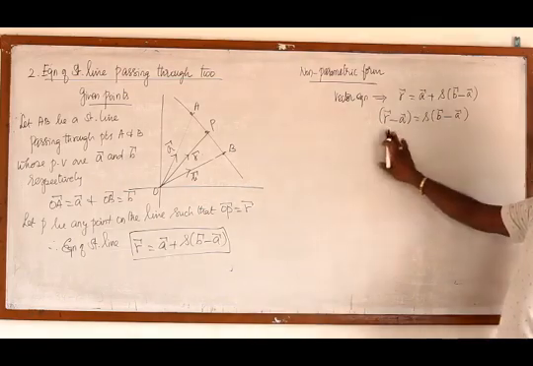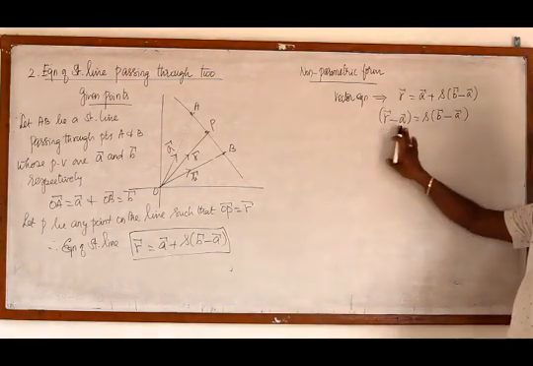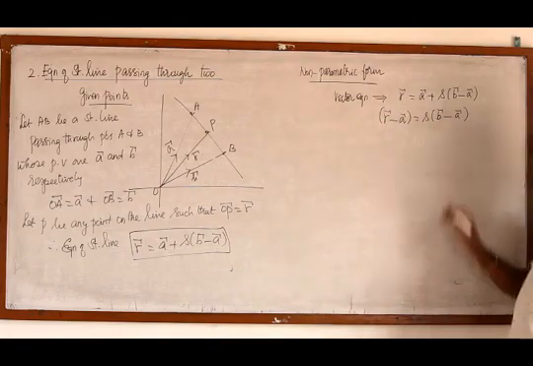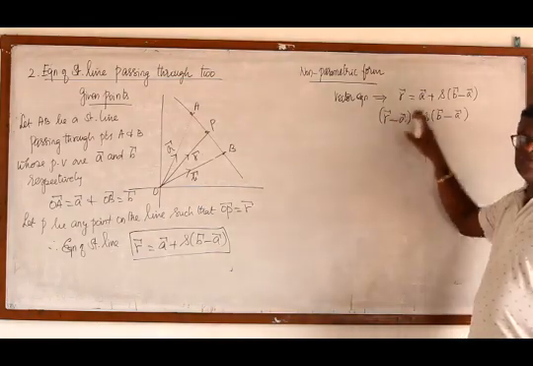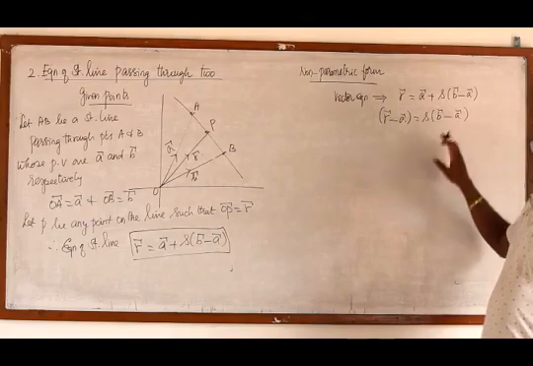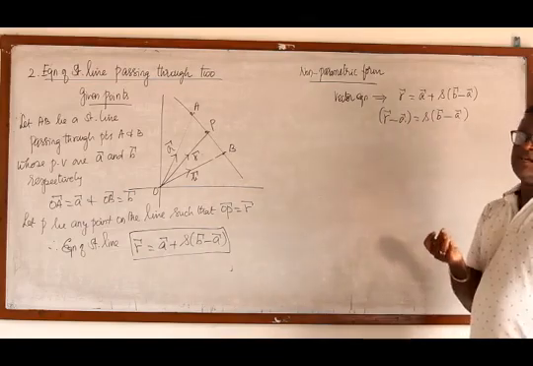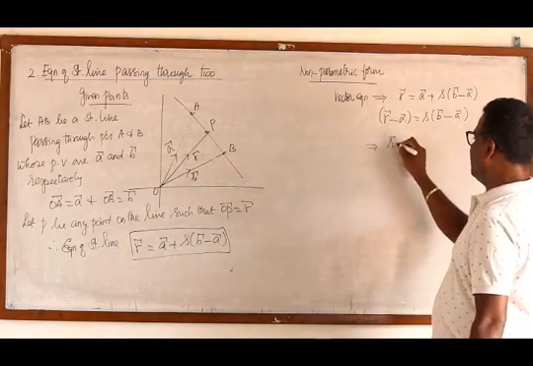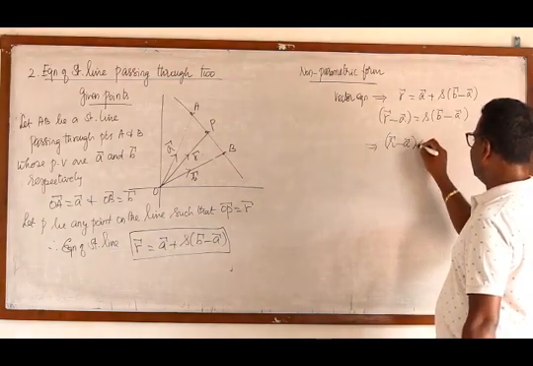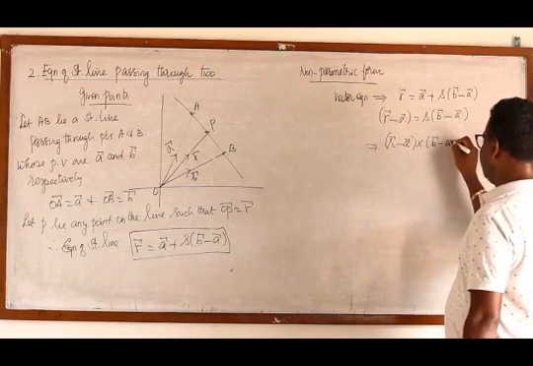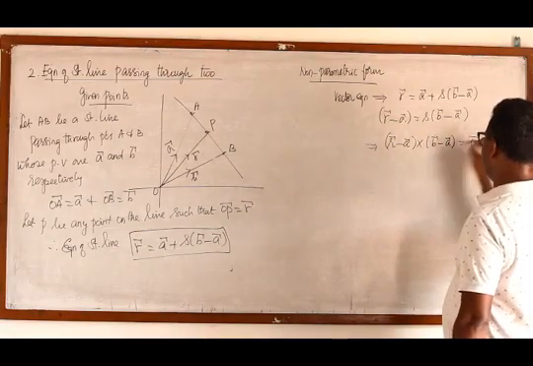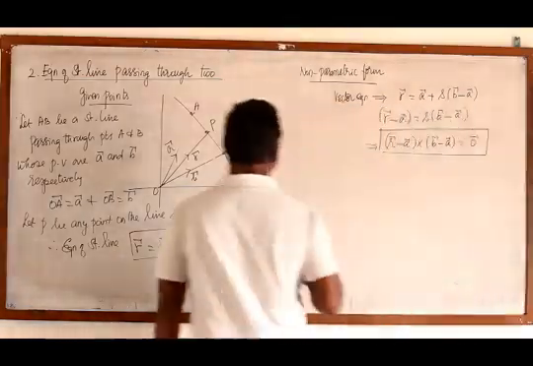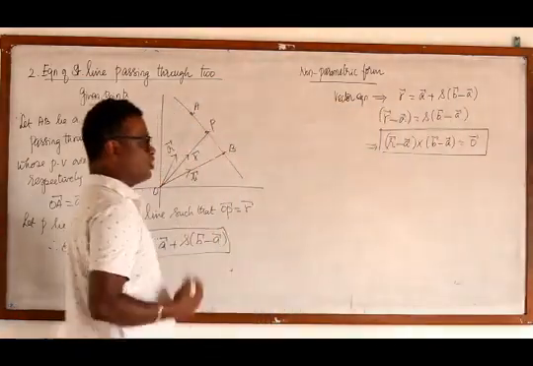When I subtract 2 points, it will become a vector. So one vector is expressed as a scalar multiple of another vector, which means these two vectors are parallel or collinear. When two vectors are parallel or collinear, the cross product is 0. So this implies (r vector minus a vector) cross (b minus a) vector equal to 0 vector. This is the non-parametric form of the equation of a straight line passing through 2 points.